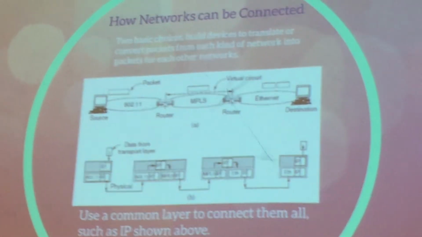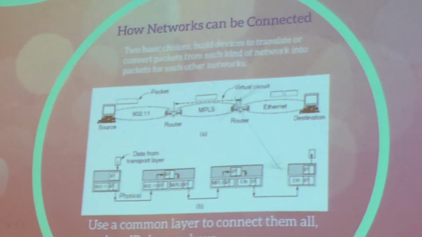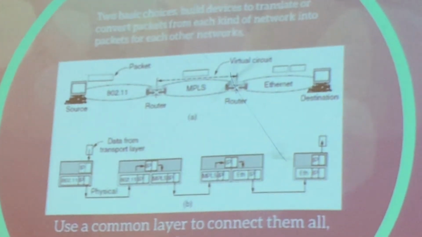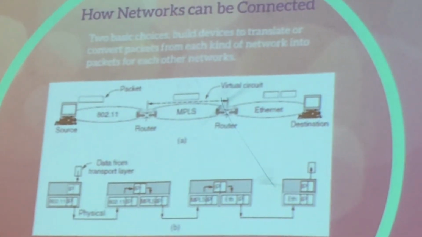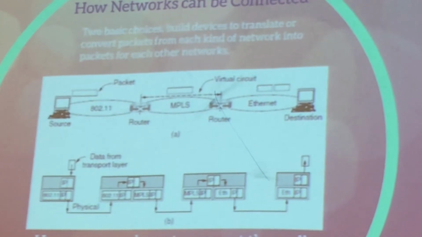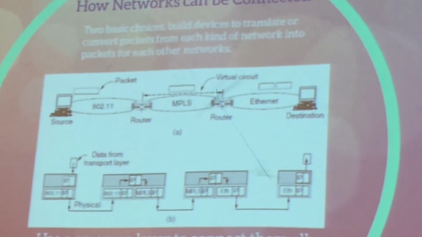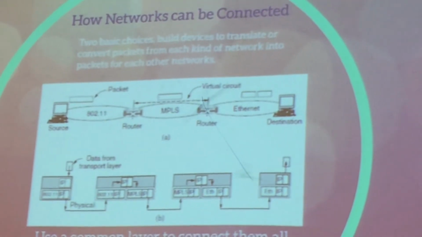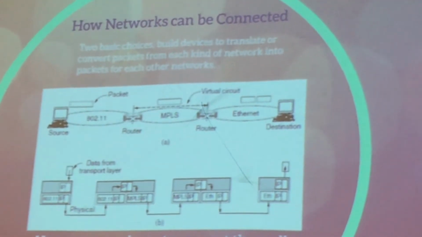MPLS gets the frames, and then it gets our packets, removes the wireless network header, and encapsulates it into MPLS frames. Then again, it's sent to the other router, which is in the Ethernet network, and it repeats the same thing again and again.